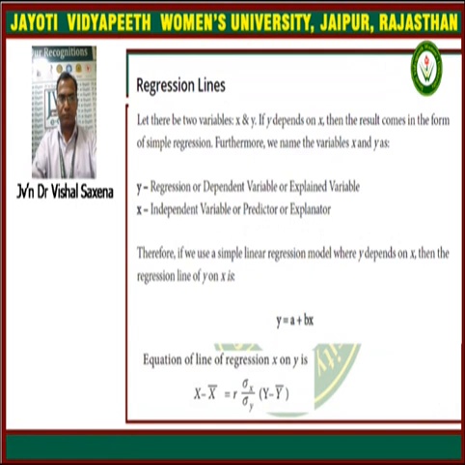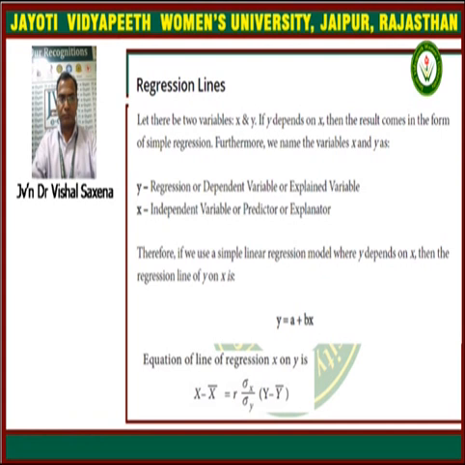Now the lines of regression. We have mentioned that there are two types of lines of regression. One is the line of regression of y on x, when y depends on x.